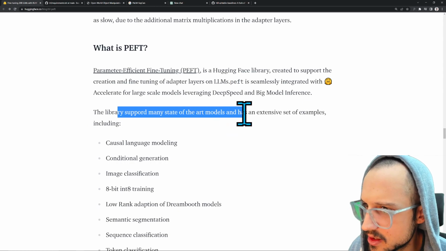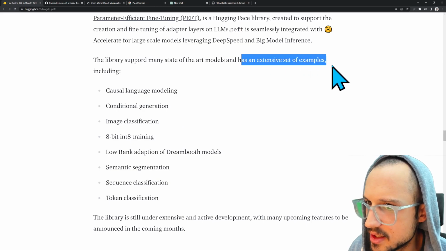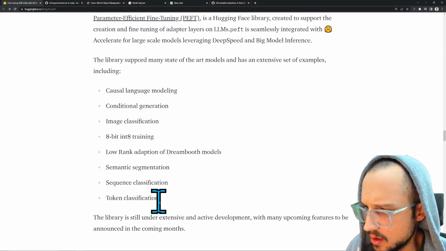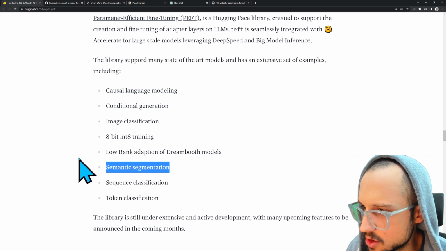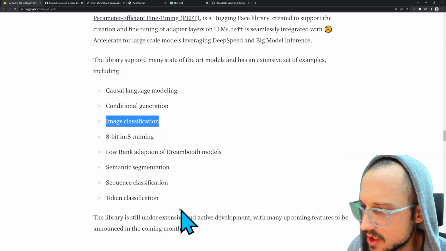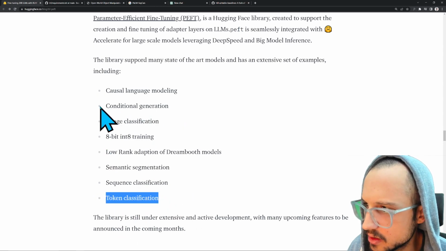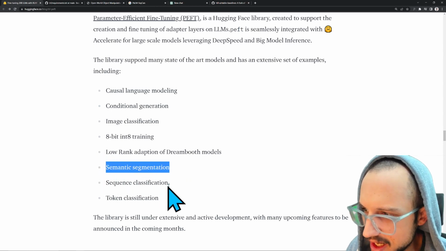It supports many of the state-of-the-art models and has an extensive set of examples: token classification, sequence classification, semantic segmentation, 8-bit training, image classification. So these are natural language tasks, right?